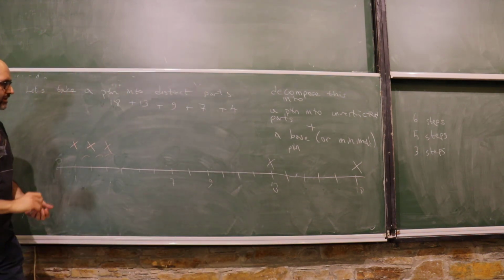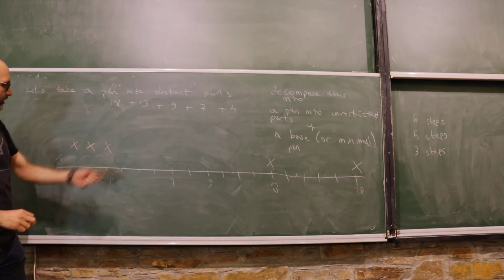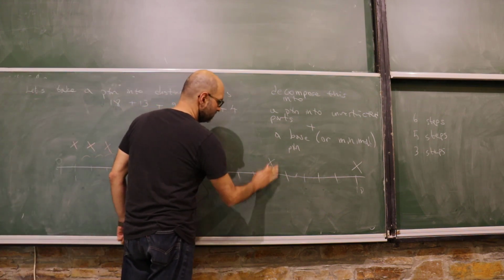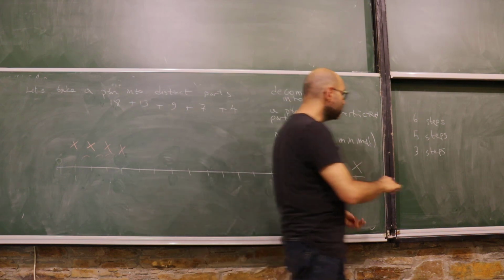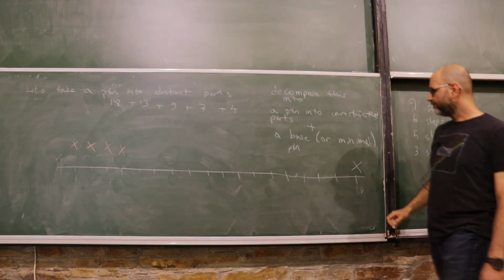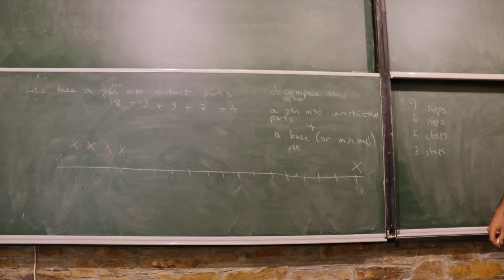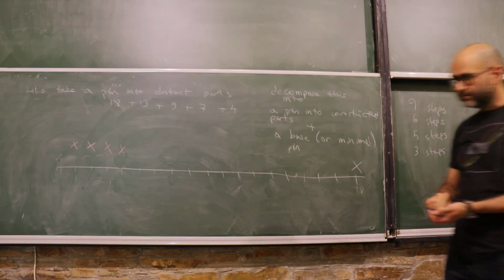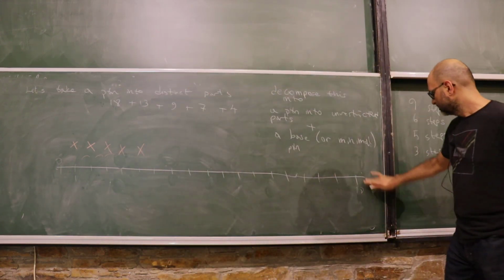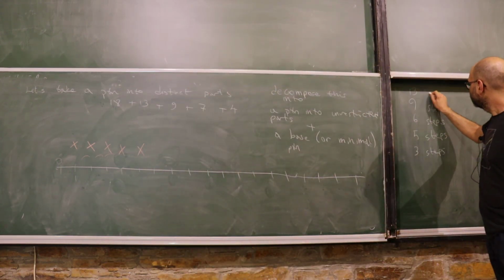And next in line is that 13. 13 comes back to 4, and we will have taken 9 steps. And then finally, 18 goes back to 1, 2, 3, 4, 5 steps.